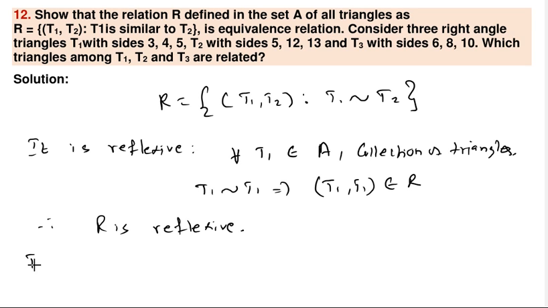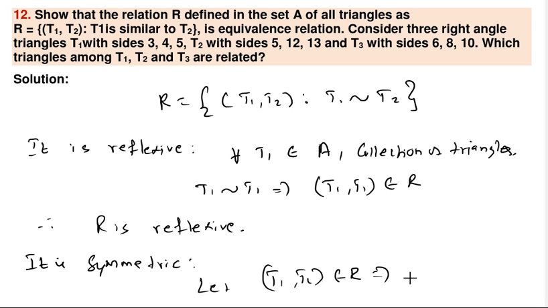And it is symmetric also. Why? Let us take (T1, T2) to be a member of the relation R. This implies T1 is similar to T2, and this implies T2 is similar to T1, so (T2, T1) belongs to R. This proves that it is symmetric.